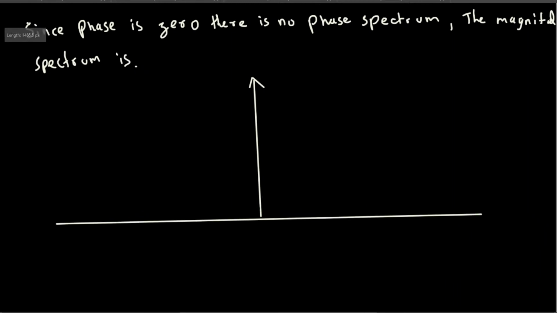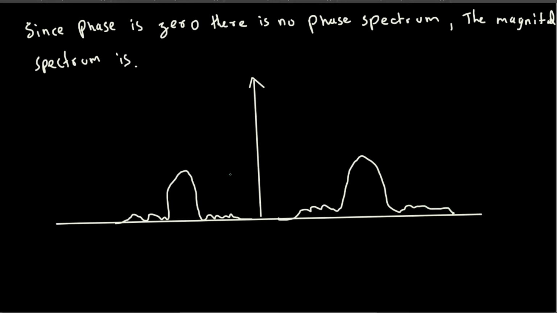Okay, so what you're going to have is a diagram like this, and the height of this one is 5/2. Another one, the height is 5/2 for both of them, and this is M1 of omega.